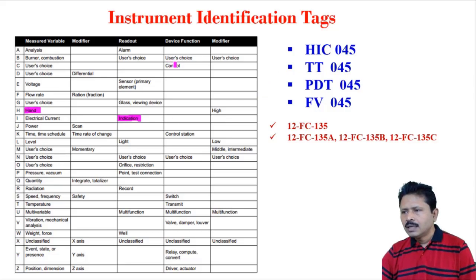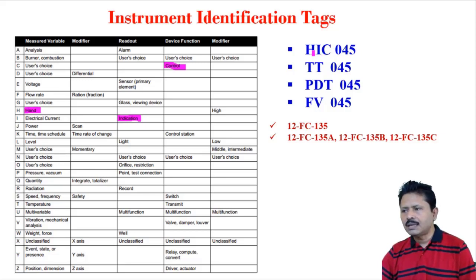Next C, here it is in fourth place, so C is used here as the controlling system. So HIC means hand indicator and controller, or hand indicating controller, and 045 indicates the loop number in which this instrument has been used.